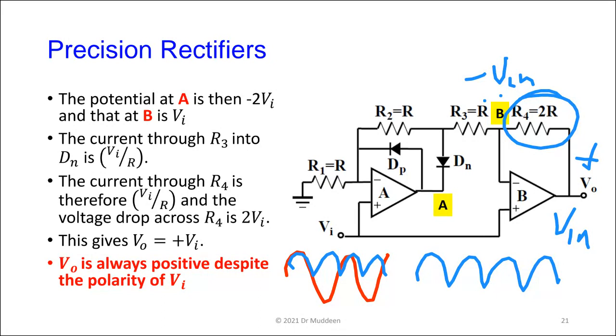When they're forward biased, they're on, and that means a part of the circuit is connected. When they're reverse biased, they are off, which means a part of the circuit is disconnected. So like point A, for instance, if DN is on, point A is connected to resistor R3. If DN is off, point A is just connected back to the input of amplifier A, but nothing else. It's not connected anywhere.